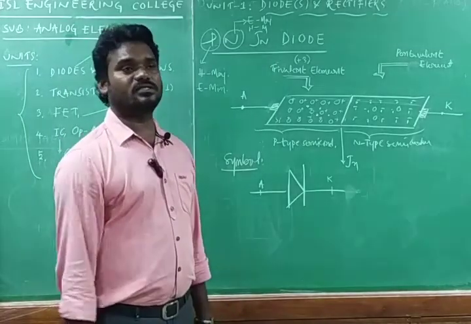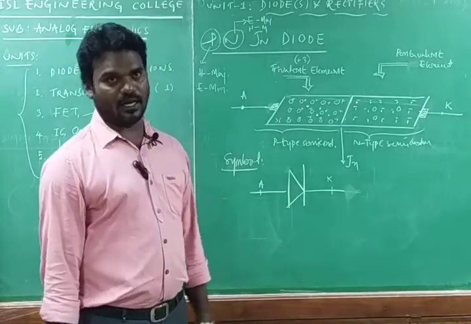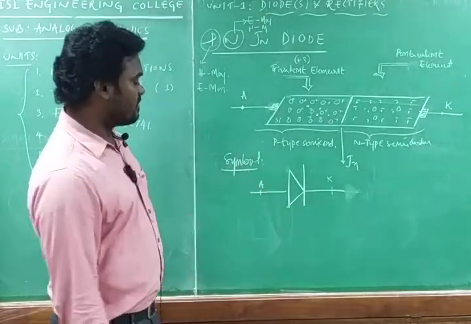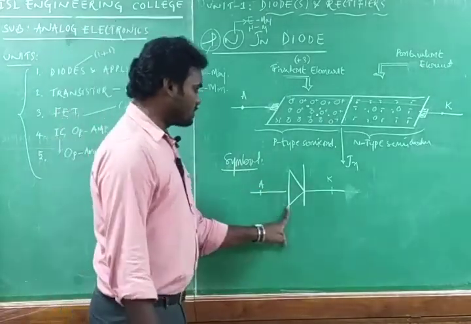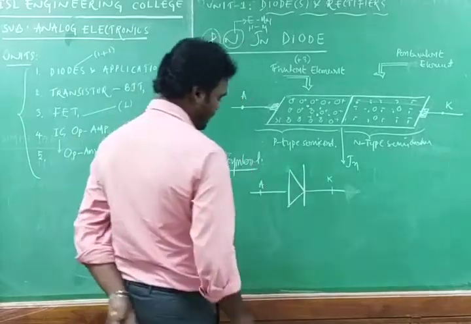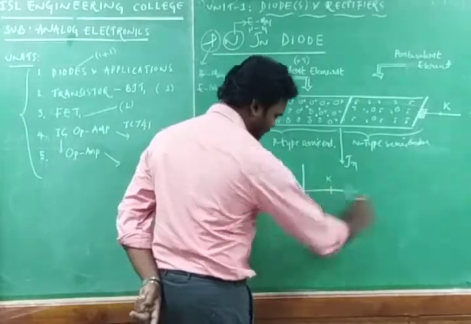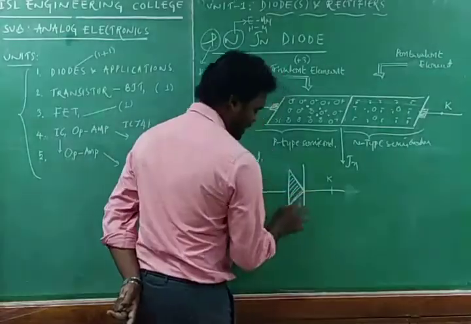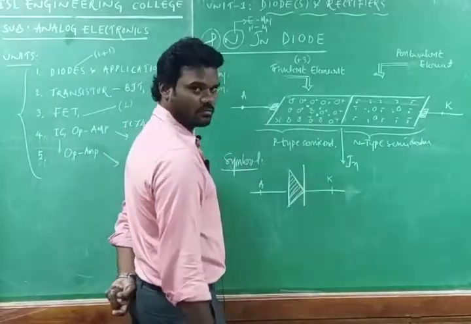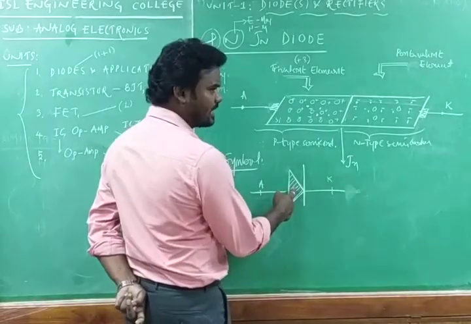In the opposite direction, it won't conduct any current. If you go through the symbol of the p-n junction diode, it is explained in detail in the symbol itself. See this one? It conducts the current in one direction. This arrowhead indicates the current direction from anode to cathode.